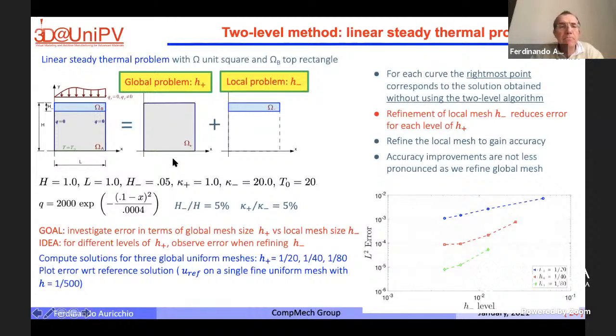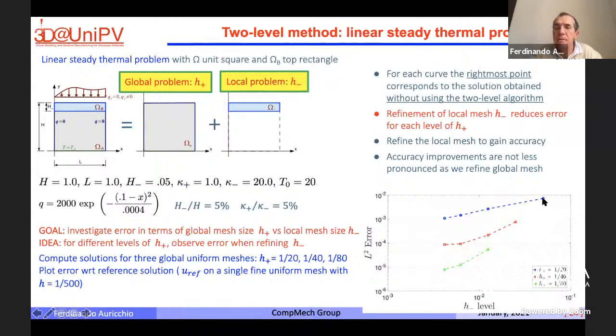And I split this problem into a global problem on the whole geometry and just a local problem. And here you can see some results, which I think are very, very interesting. And what does this result tell you? It tells you, basically, if you look at the blue curve, I'm fixing the mesh at the global level, and we are refining only the local mesh.